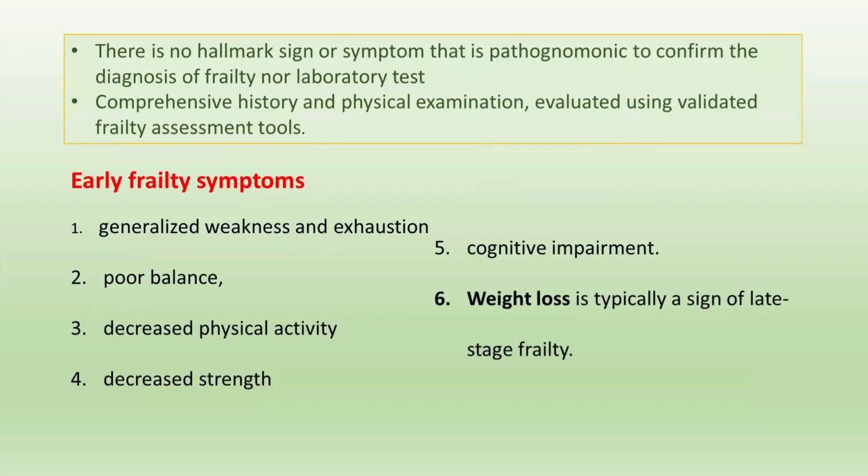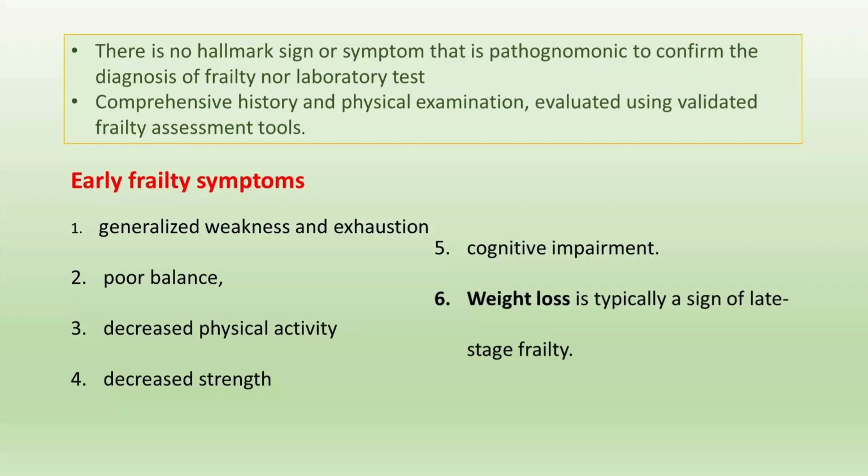There are no specific tests to show that this patient is frail. So it depends on the comprehensive history and physical examination, and the use of validated frailty assessment tools. Using all of these, we can assess one's frailty.